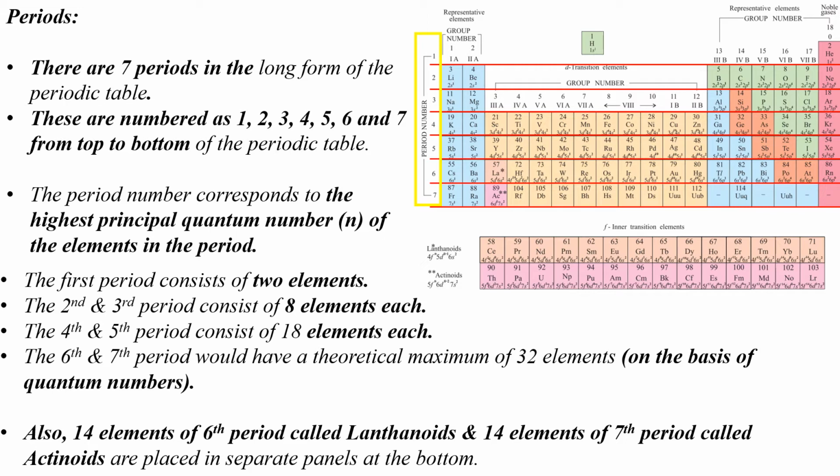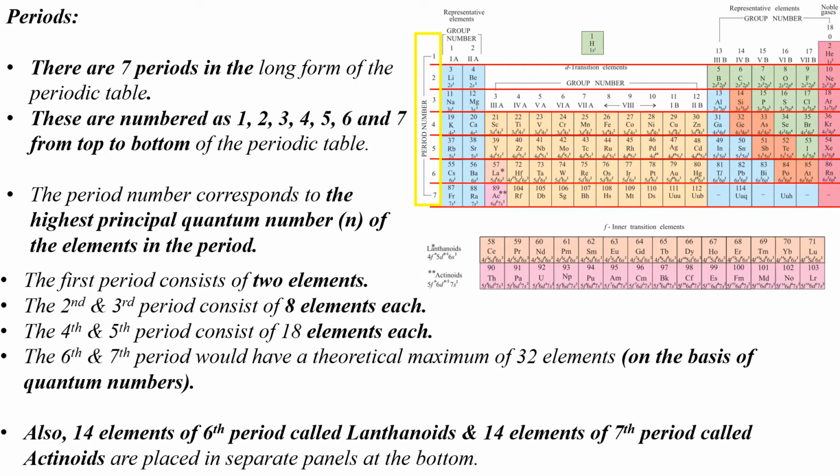Now, let us consider potassium. It is the first element in the fourth period. Now, what is its outer shell electronic configuration? It is 4s1. So, the value of principal quantum number n here is 4. So, the highest principal quantum number possible for potassium is 4.